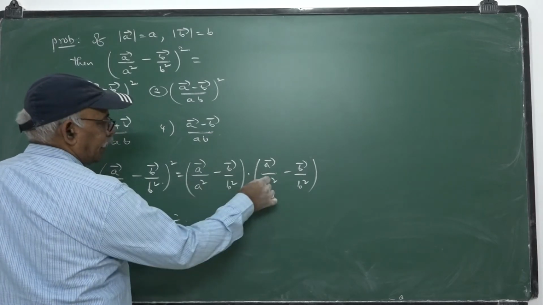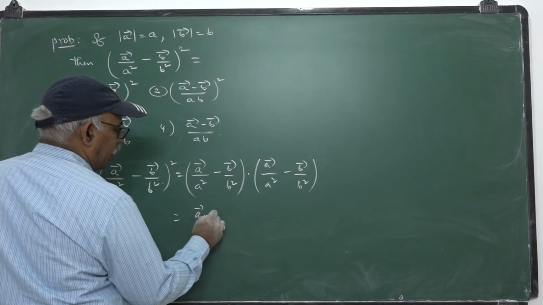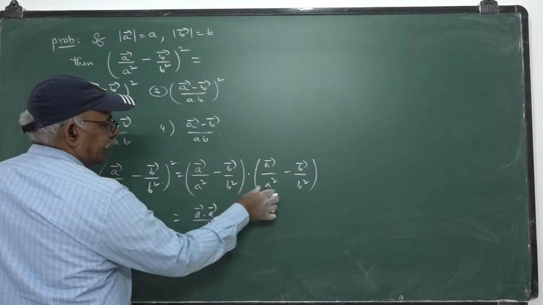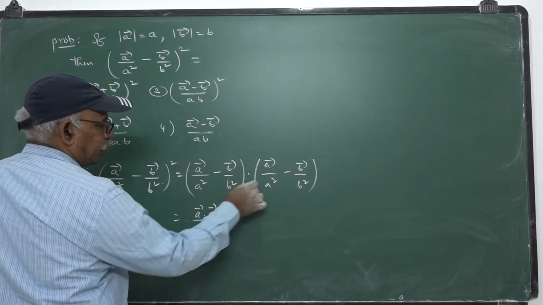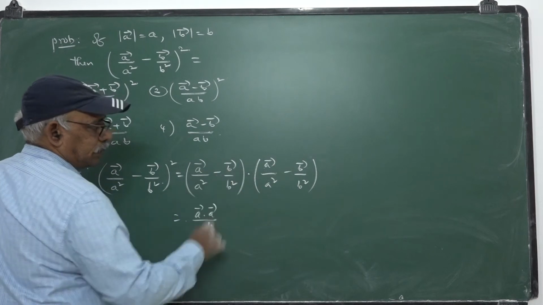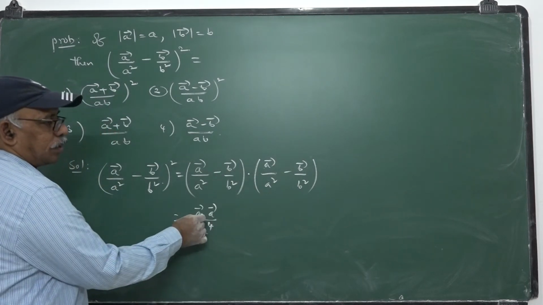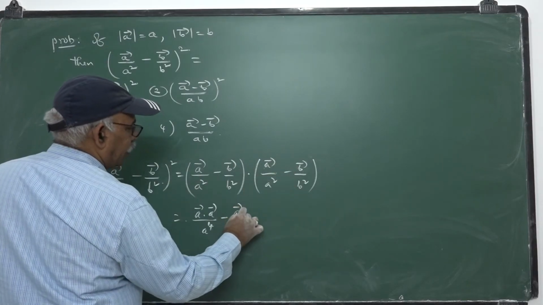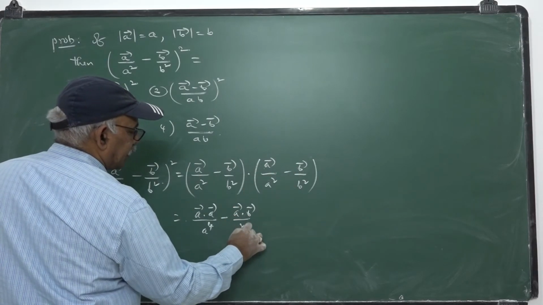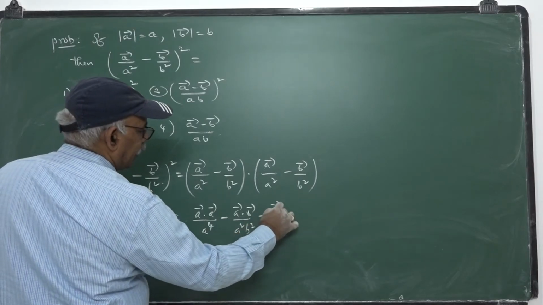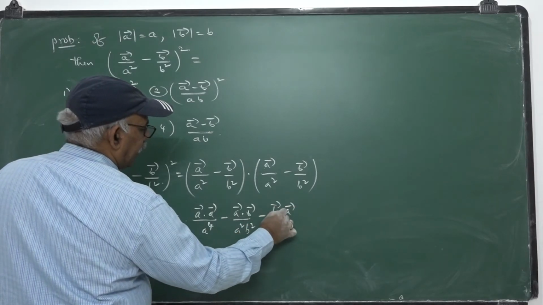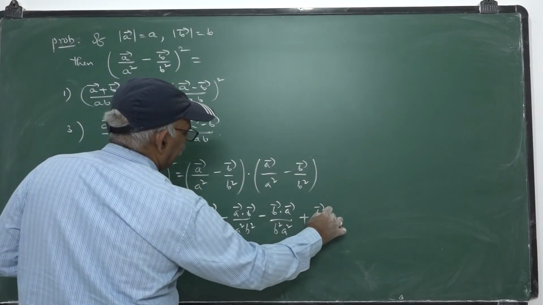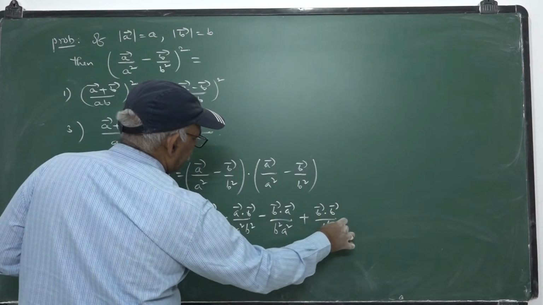This is taking the dot product of a bar by a power of 4. Since the denominators are scalars, straight away I am taking the product, whereas the numerators are vectors, hence I am taking dot in between the vectors. Like that: minus a dot b by a square b square, minus b dot a by b square a square, plus b dot b by b power 4.